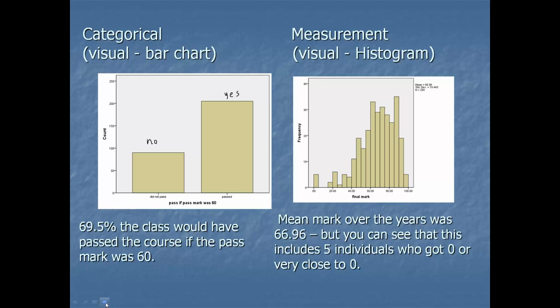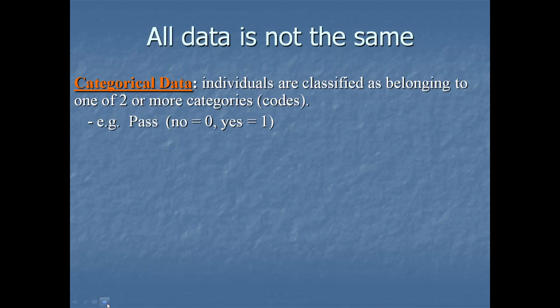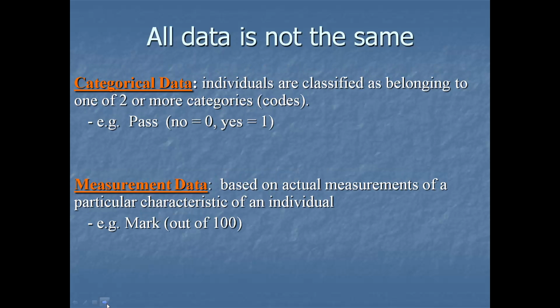And these fundamental differences between different data types drive the kind of data analysis that we're going to be doing with them. So we have categorical data and we have measurement data. So a mark out of 100 is a measurement. Whether the person passed or not, no or yes, is categorical data.